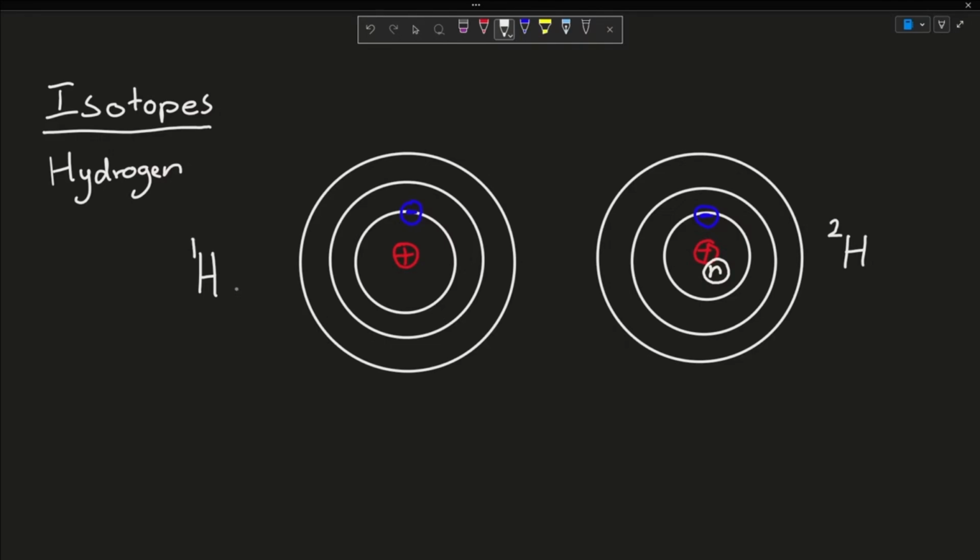So as we can see, isotopes are atoms of the same element but with a different number of neutrons. And because we are adding neutrons and not protons or electrons, the overall charge of the atom is not disrupted, and the identity of the atom stays the same.